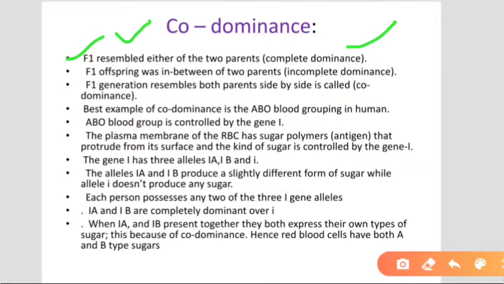If the F1 generation is in between the two parents, that means neither the dominant character nor the recessive, then it is called incomplete dominance.